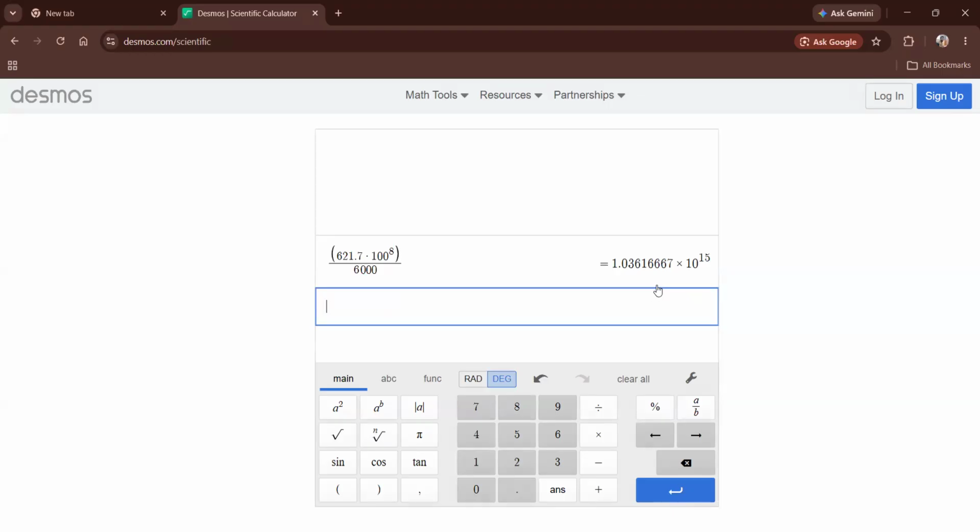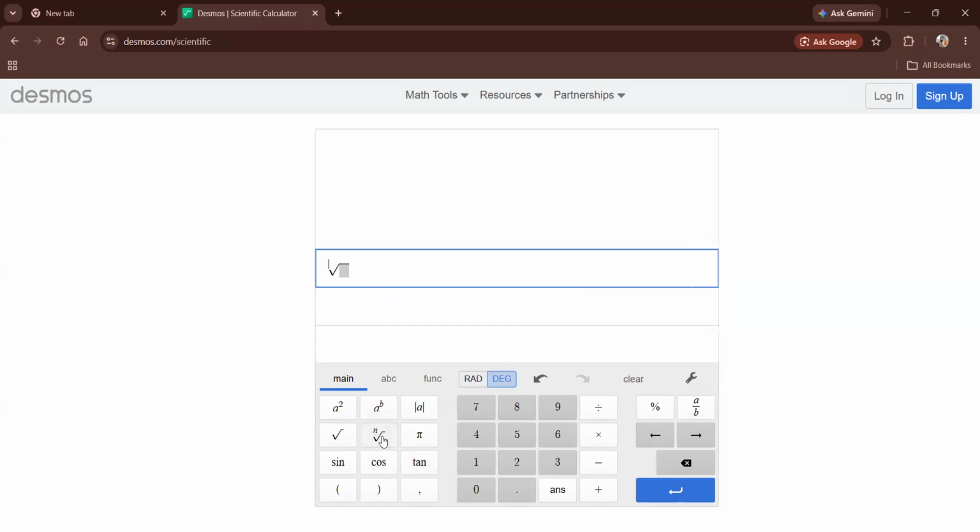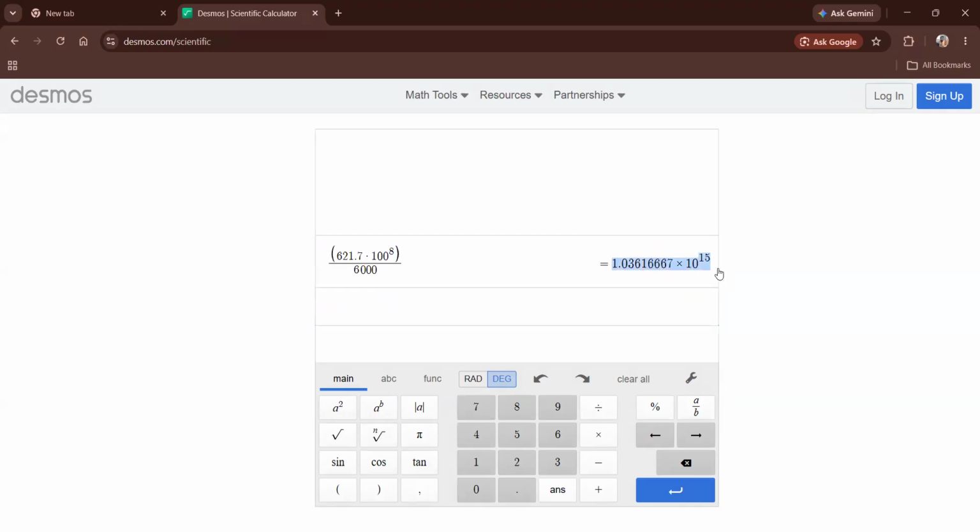Here is the answer. You have to consider the 8th root of this value. When you are getting the answer, you have to take the 8th root.